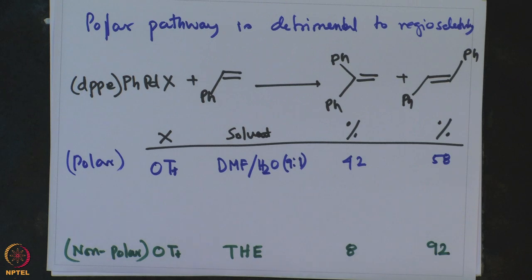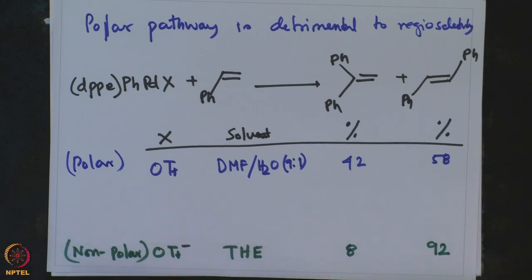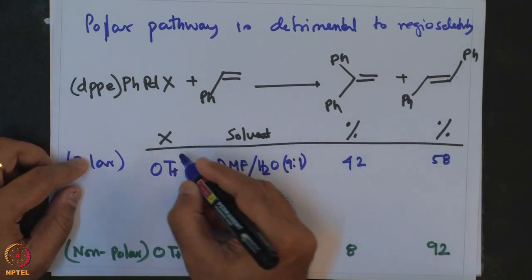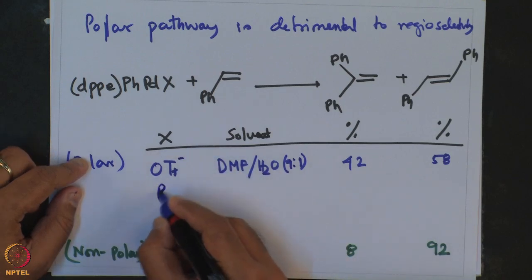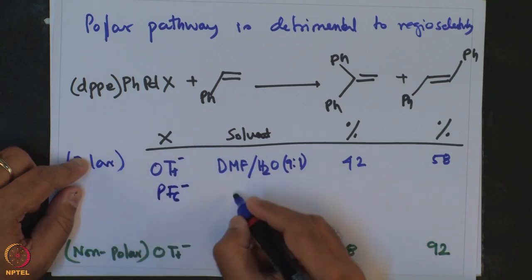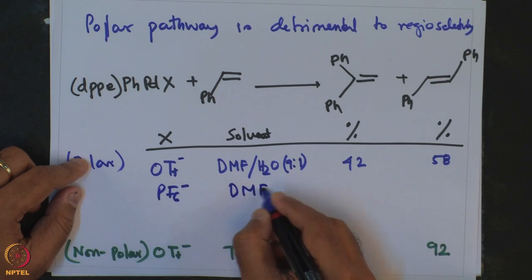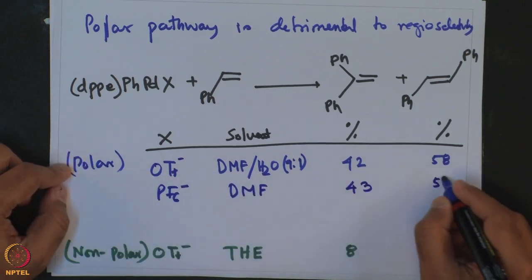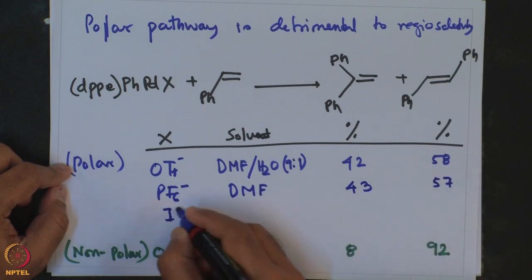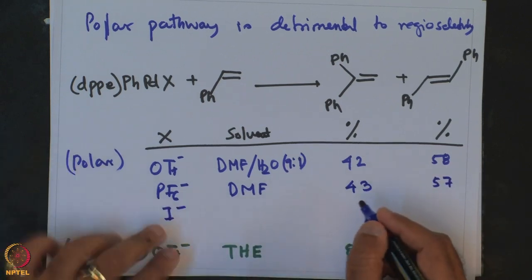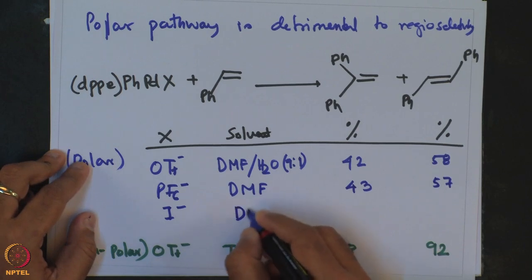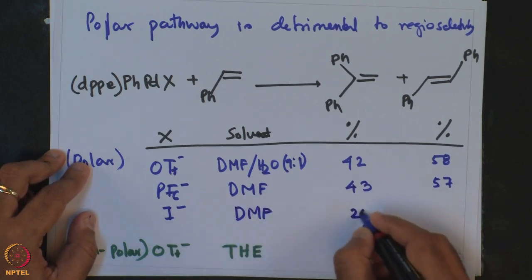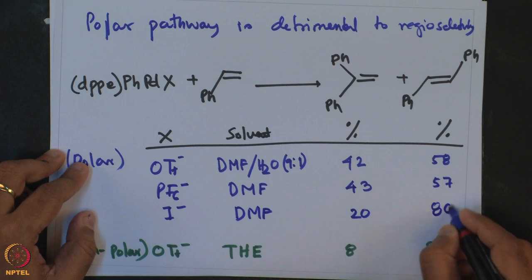Similarly, for other anion like PF6 minus in DMF, again it is a polar medium, shows 43 to 57, I minus again in polar medium DMF shows 20 to 80.